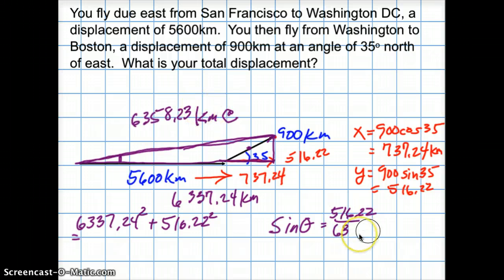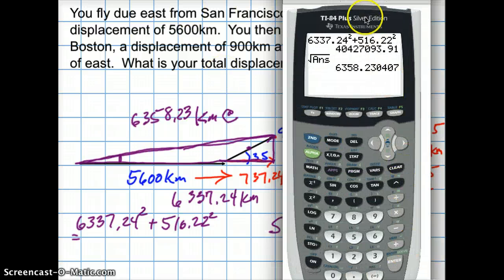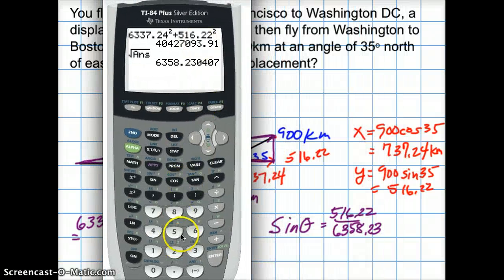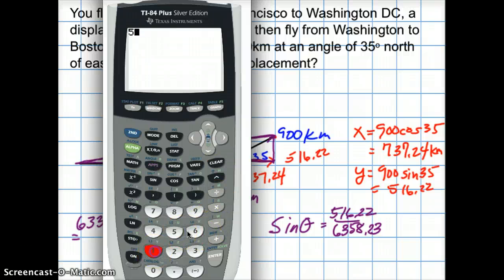So let's change this. 6358.23. So in my calculator, let's try that again. Move it over here so I can see my numbers. So what I'm going to do is go 516.22 divided by 6358.23.